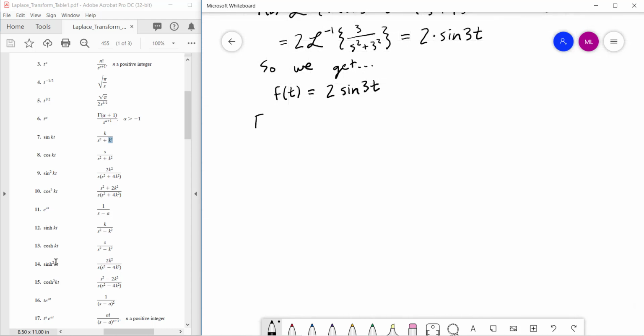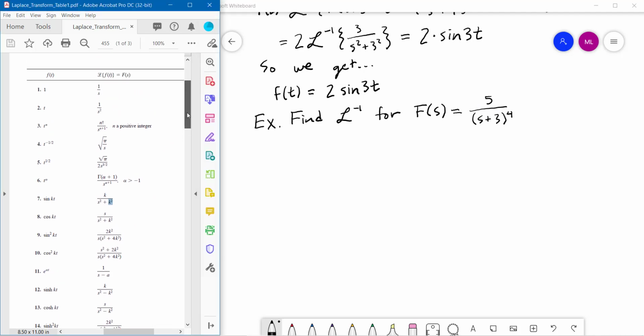Let's try this one. As an example, let's find the inverse Laplace transform for our f of s being equal to, I don't know, 5 over s plus 3 raised to the 4th power. Okay, so here's the thing that I need to look for over here in our table.